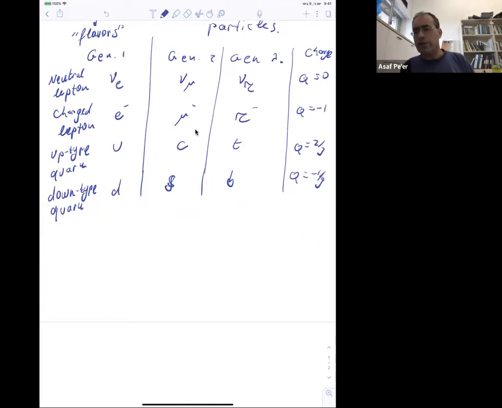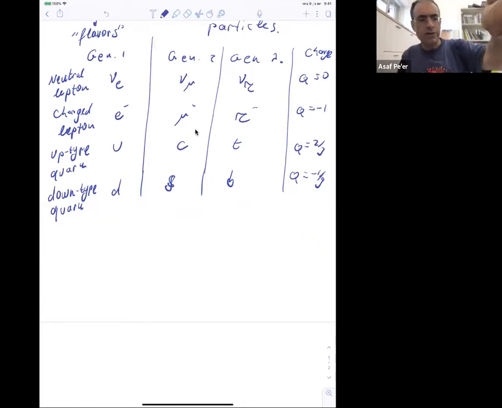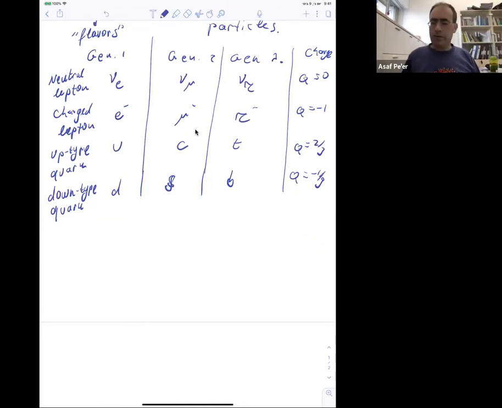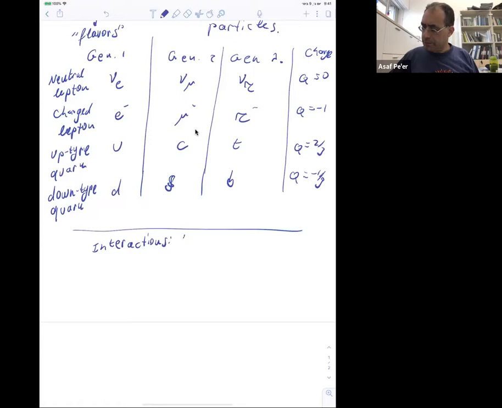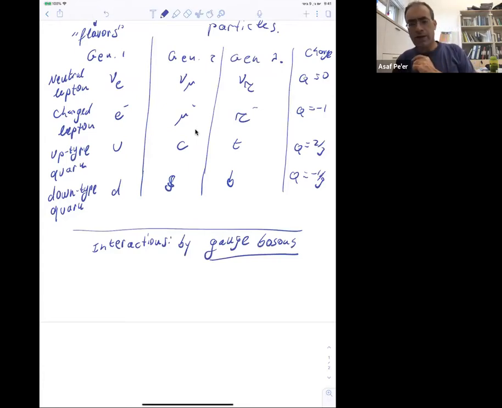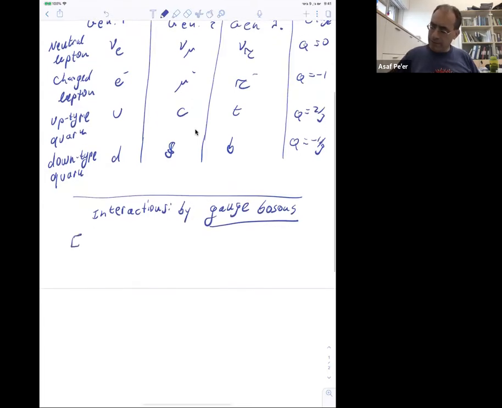Now they can interact with each other. The interaction is mediated by other particles called gauge bosons. So we have several bosons depending on the type of interaction. For the electromagnetic interaction, known as QED, quantum electrodynamics, the gauge boson is the photon.